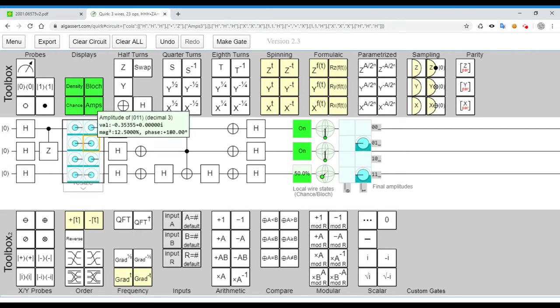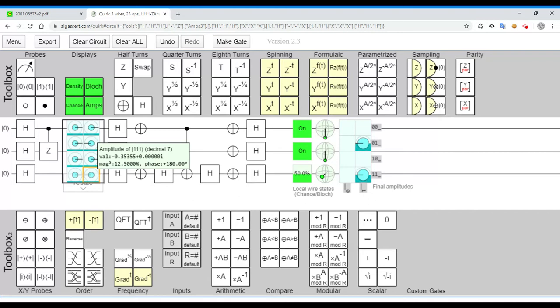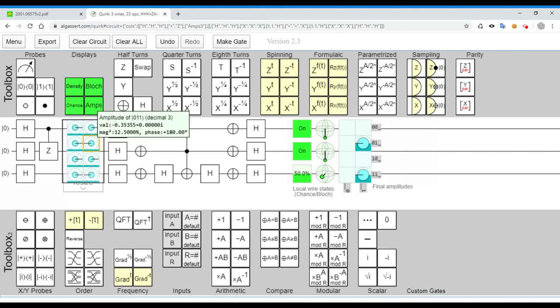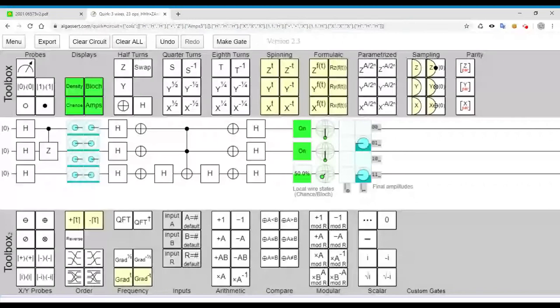That's the one that we want to amplify. Oh yeah, we also have flipped the 1, 1, 1, so we've got 2 flipped in here. What the amplitude amplification is going to do is take exactly those ones and amplify their amplitude, and everything else goes away. So this is the way it works.